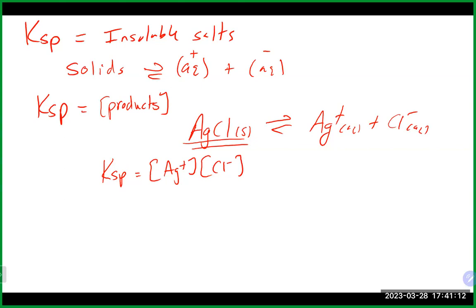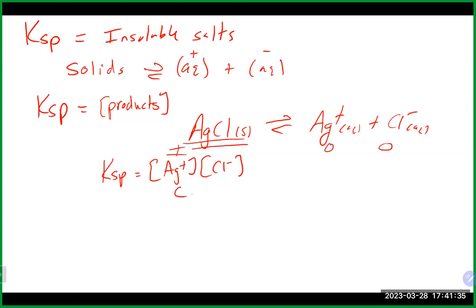We work KSP problems very similar to how we work normal equilibrium problems. We typically use a different letter sometimes to represent the change, and that is S. So if we were looking to figure out the KSP of this or the solubility of this, we would start with zeros.